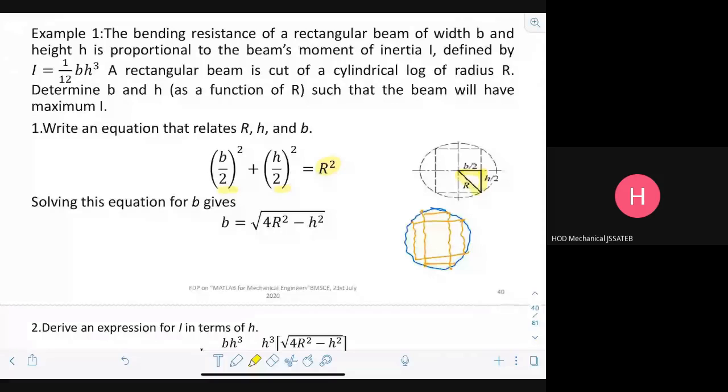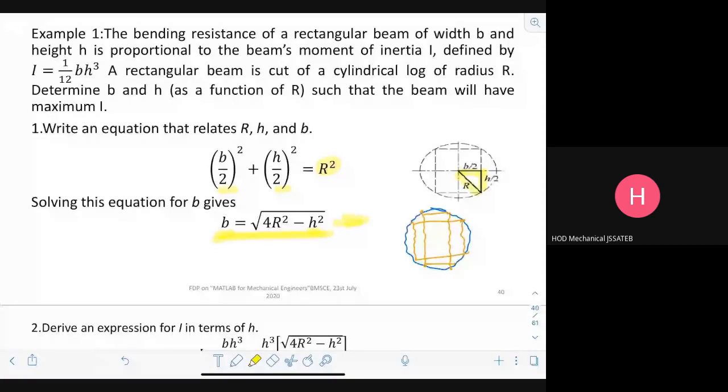So out of b and h, one is dependent in this combination, another one is independent. Suppose I take h as independent, then I can write an expression for b such that the different cross-section rectangles possible in this log of wood are obtained. So this expression is very, very important for this.